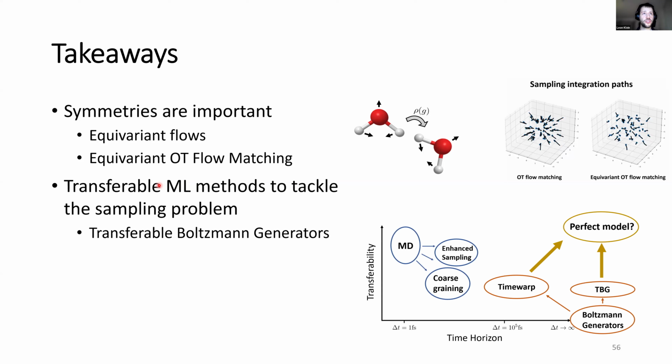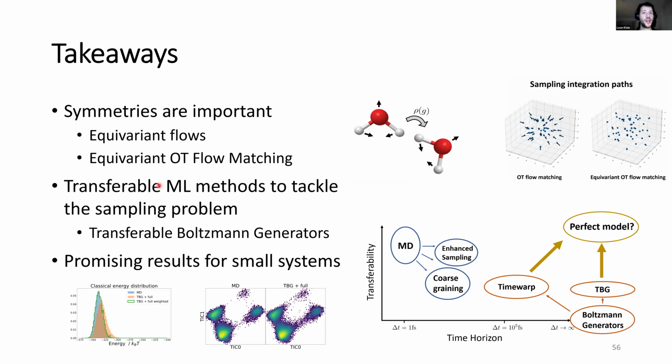Then I talked about transferable ML methods to tackle the sampling problem, in this case only about transferable Boltzmann generators. And I've shown some promising results for small systems, as for example these dipeptides or the 55 Lennard-Jones particles.